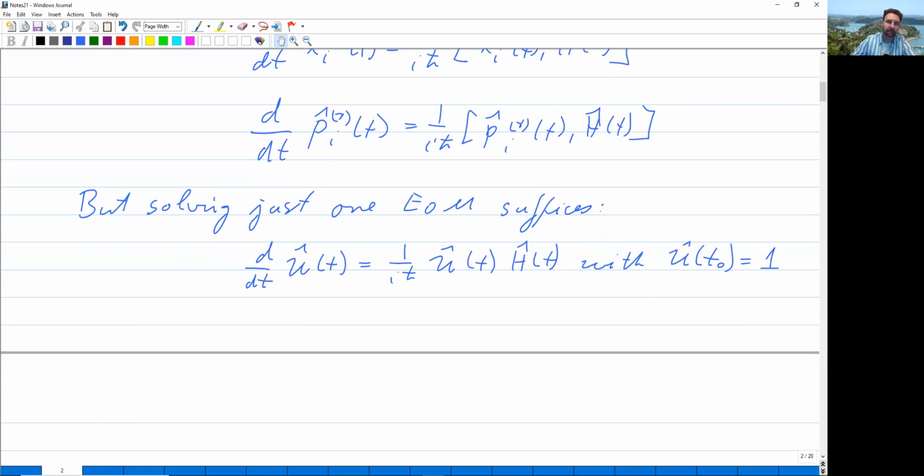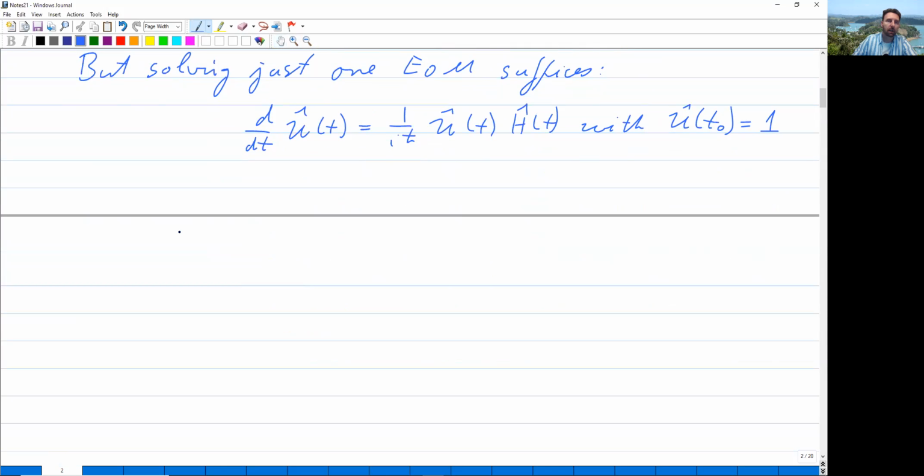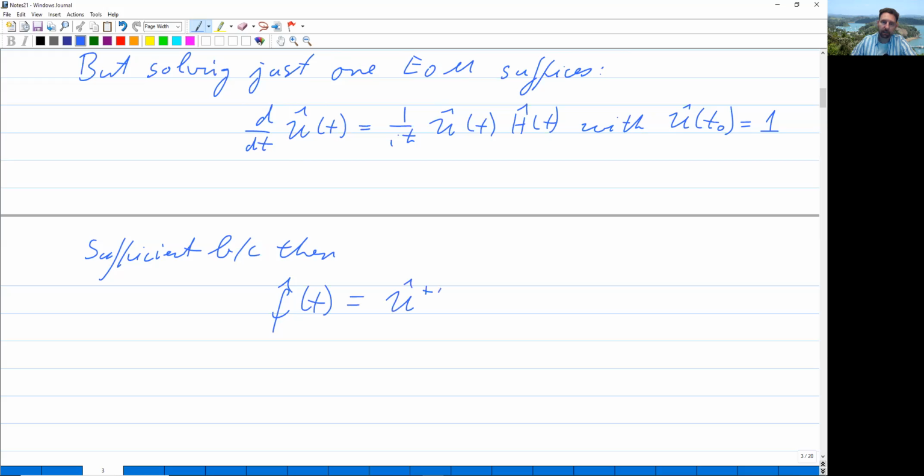And why is that sufficient? This is sufficient because then we can calculate all of the time evolutions of all observables, because then F hat of t is equal to U hat dagger of t, F hat of t naught, U hat of t.